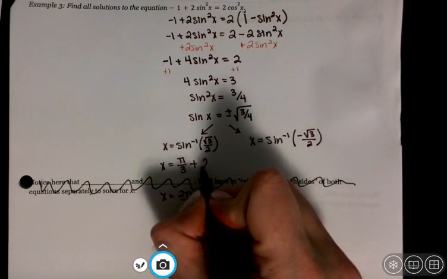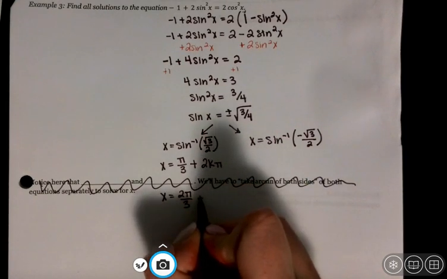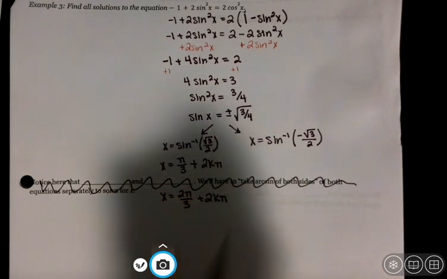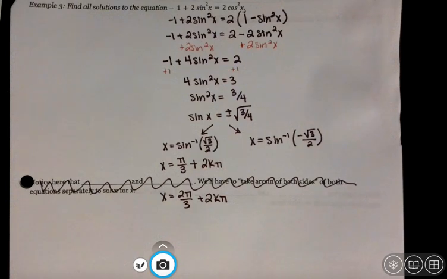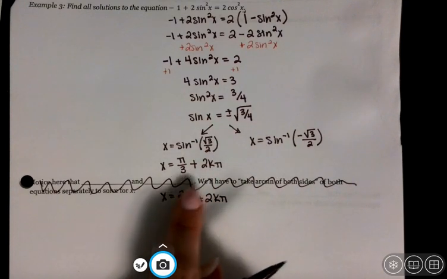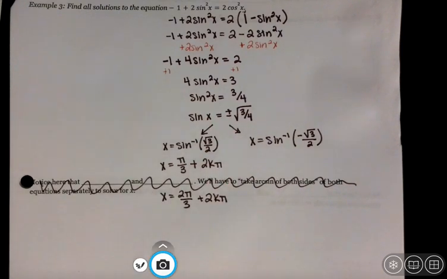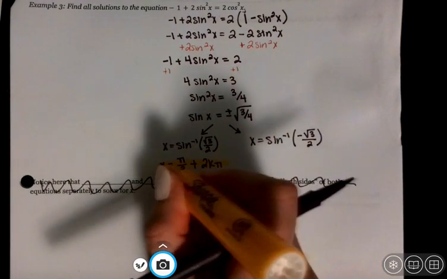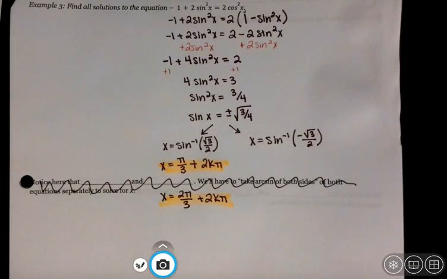So I'm going to add my 2k pi, and the reason I'm adding the 2k pi is because this time I had sine and cosine, right? So I changed my cosine squared into sine. So for sine, there's a natural period of 2 pi, and then the other one was tangent. So I have this as a solution, this as a solution, and then for the other side here, we're going to do arc sine of negative square root of 3 over 2.